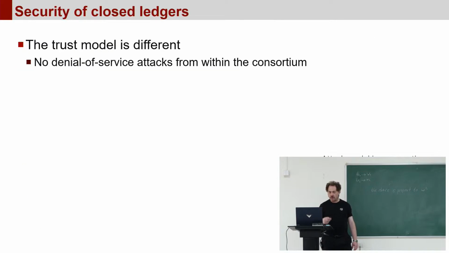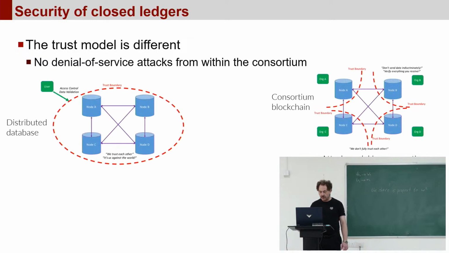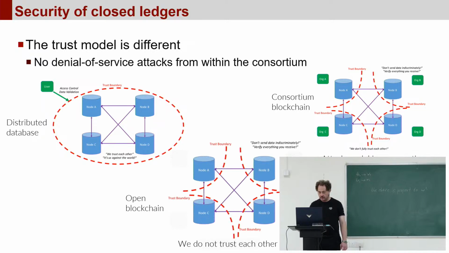Okay, let's talk a bit about security of closed ledgers. As we mentioned on the second day, the security of closed ledgers is different, the trust model is different. No denial of service attacks from within the consortium. This is the illustration which we saw in the beginning.